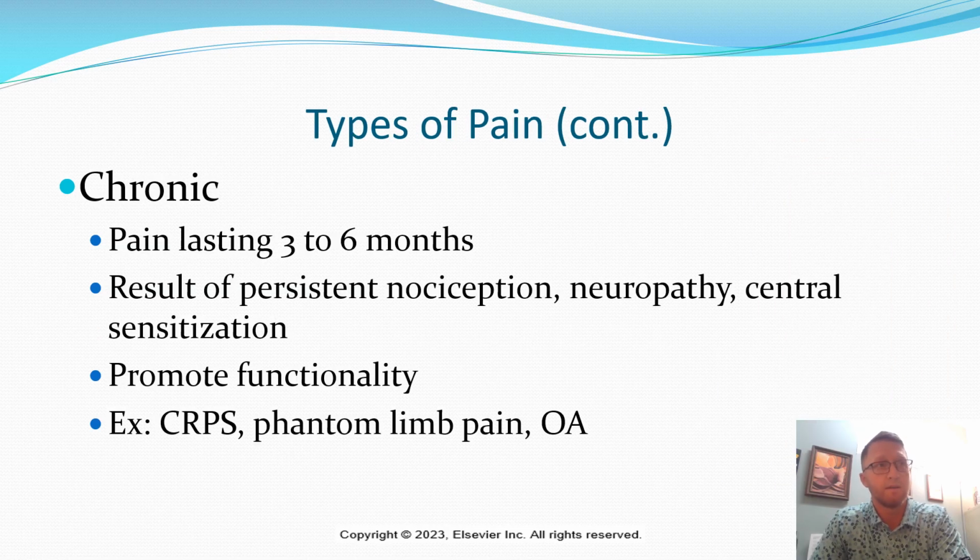Then we have chronic pain, typically lasting 3 to 6 months. It's a result of persistent nociception, so always having this kind of sensory input which is noxious to the system. It could be a neuropathy, it could be central sensitization. All of those can lead to what we call chronic pain. The thing that we want to think of here, there's definitely modalities that we can utilize.